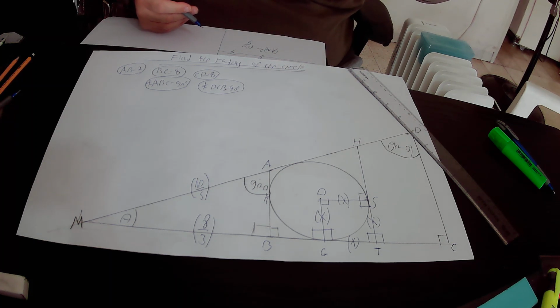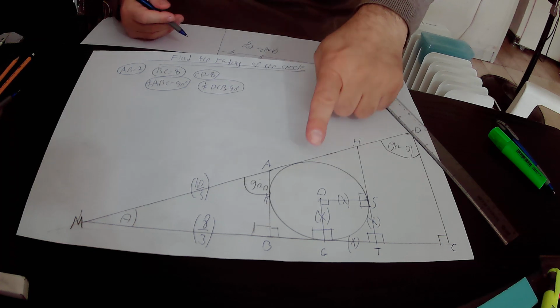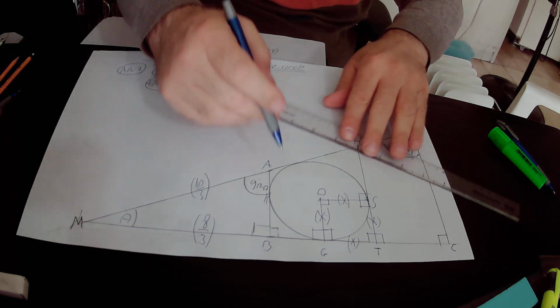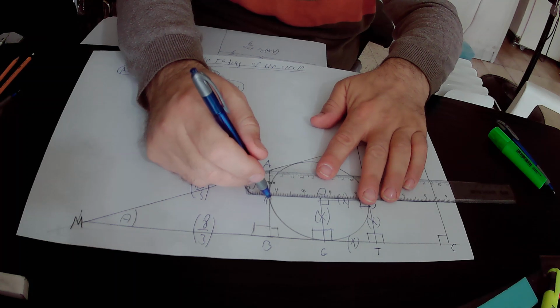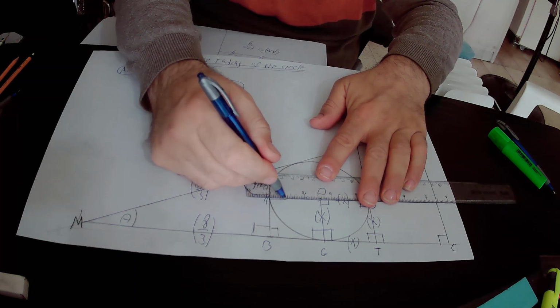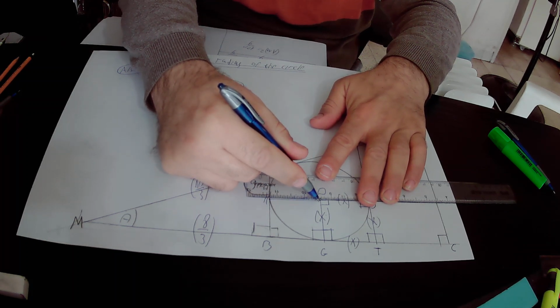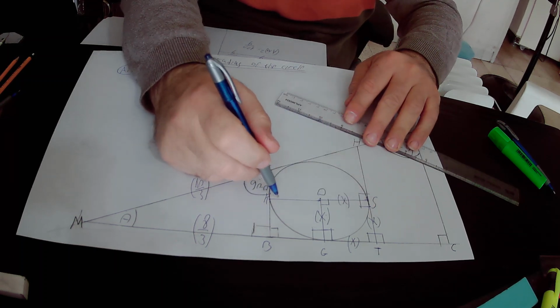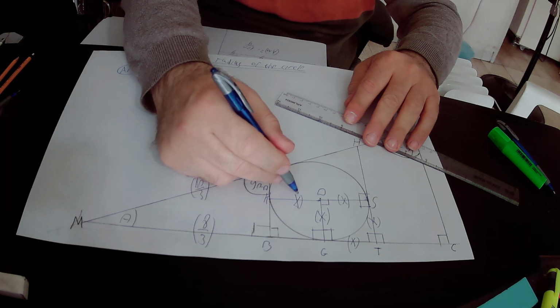Okay. Likewise, we join points O and K together by a straight line. OK is the radius of this circle and is equal to x according to our definition.